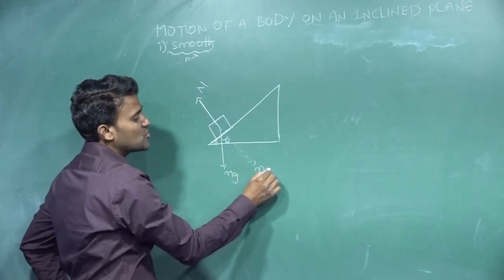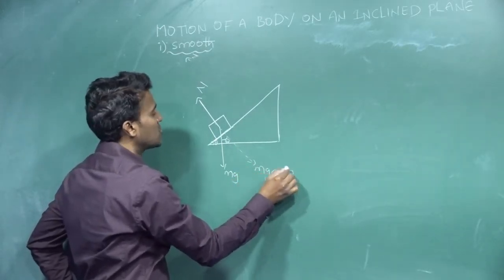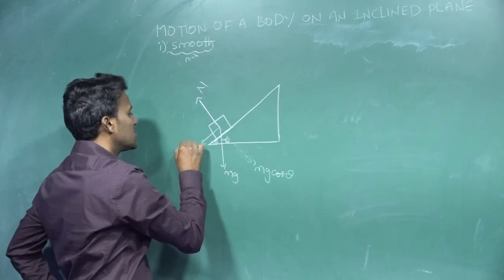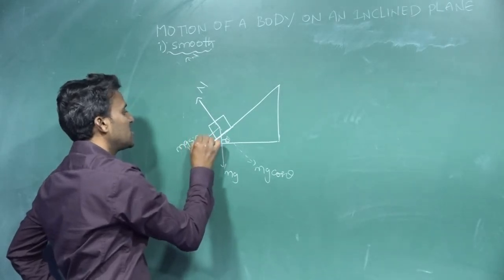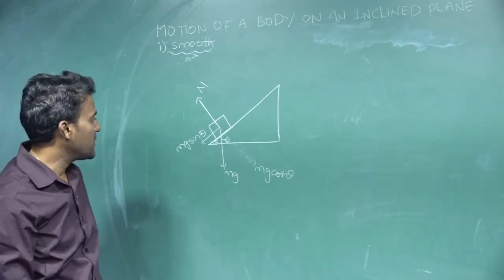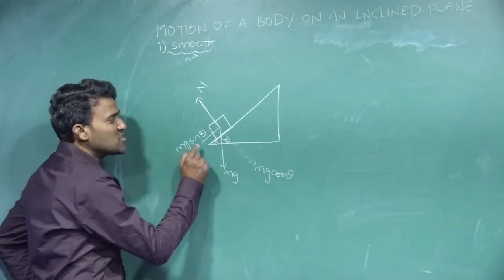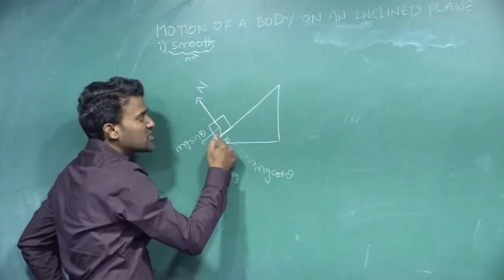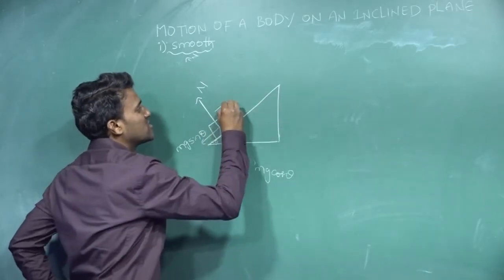mg can be resolved into two components: one is mg cos theta, and one more is mg sin theta. Now the object is going upward along this direction.